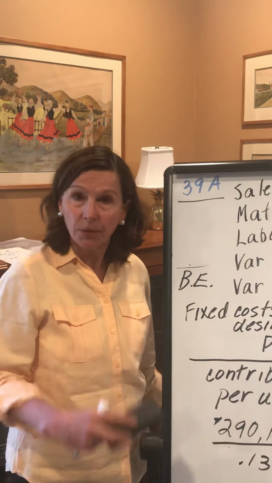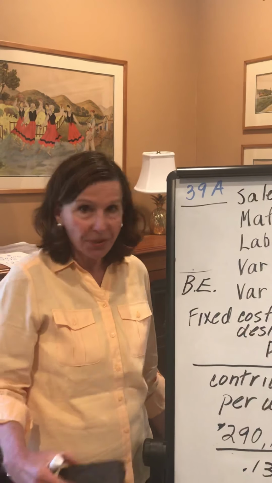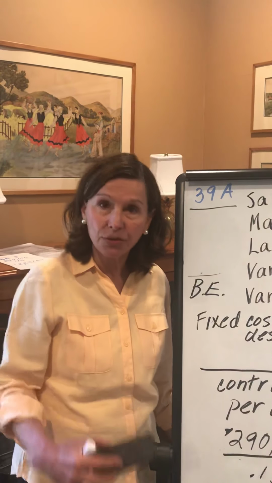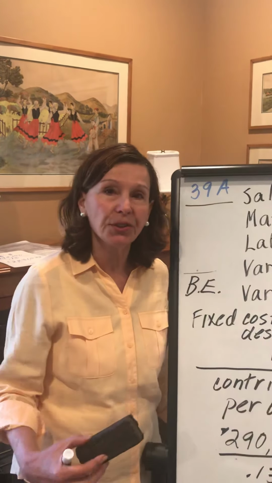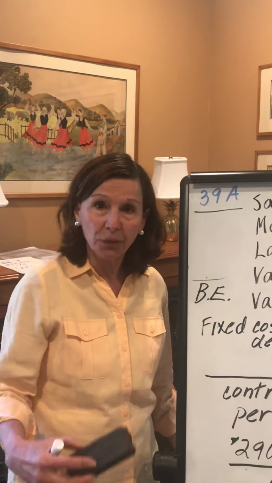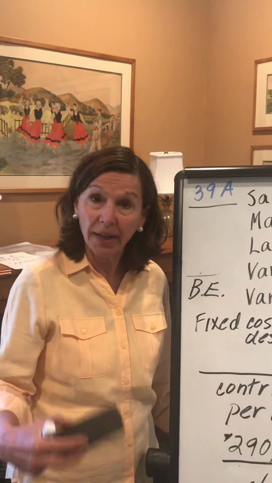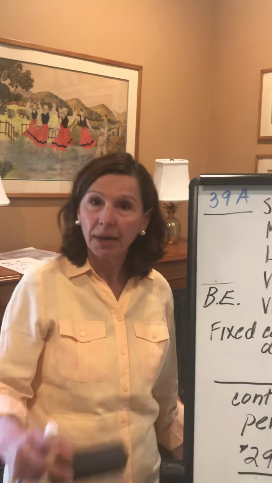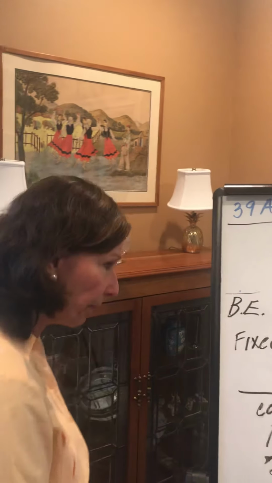And it's called margin of safety because it's sort of like our cushion. By how much can sales drop and they will still make some money or at least not lose money. So that's the margin of safety. And again, the formula's in the book, but I will show you how it works.